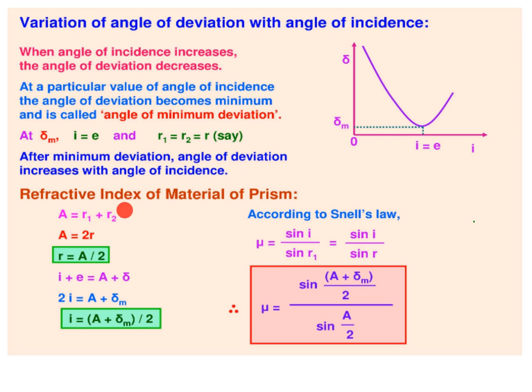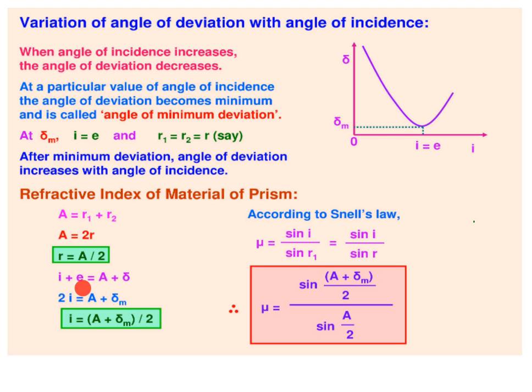Then, refractive index of the material of the prism. We know that A is equal to R1 plus R2. Here R1 is equal to R2 is equal to R. Therefore, A is equal to 2R, and R is equal to A by 2.